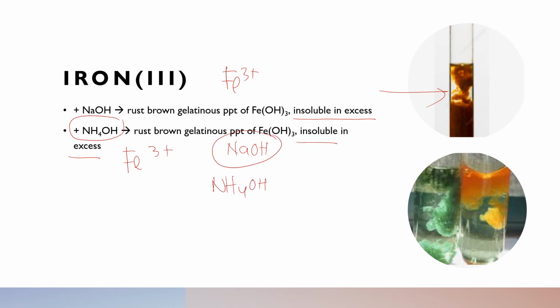In this case, what we add is OH-. Then Fe3+ and OH- will form Fe(OH)3 precipitate that does not dissolve in excess NaOH nor in excess NH4OH, ammonium hydroxide.